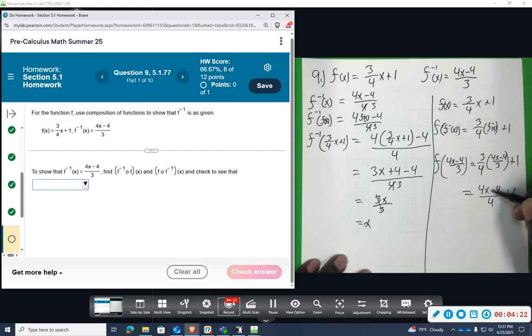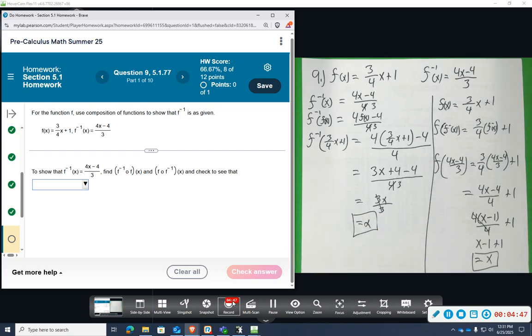So what can happen here, we can factor out a 4, and we'll have x minus 1 divided by 4 plus 1, and then the 4 will divide out, leaving me with x minus 1 plus 1, and minus 1 and plus 1 just leaves us with x. So we can see they both end up being x again. So they are inverses of each other. So now let's fill in the blanks. Each one comes out to be x.